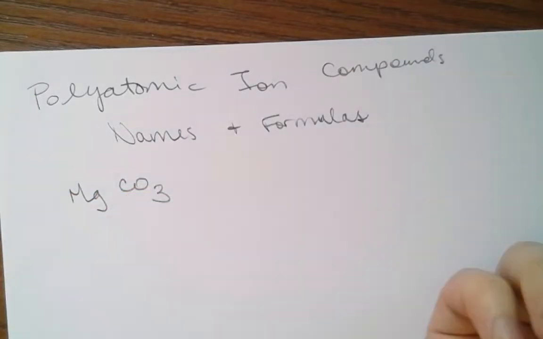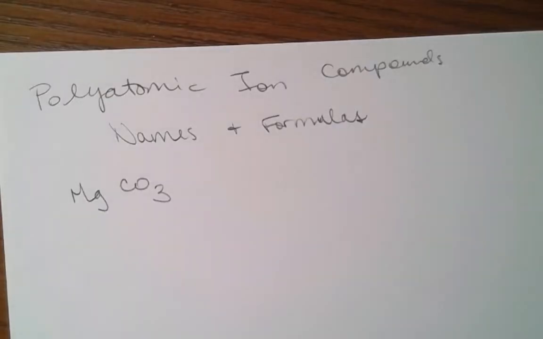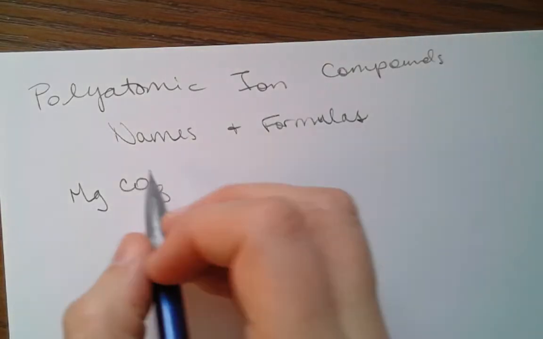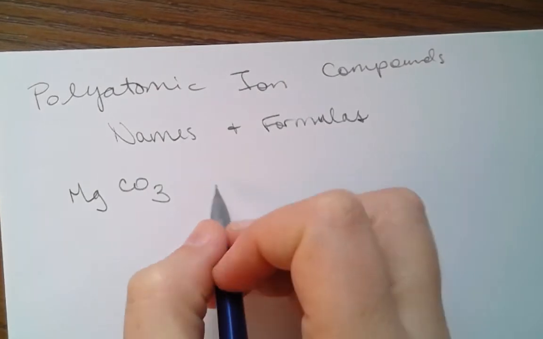Okay, so first things first, is that a name or is that a formula? Since it doesn't have words, it's not a name. That's a formula that's got the symbols instead of the names of the things. So here I'm giving you a formula, and I want you to write the name.